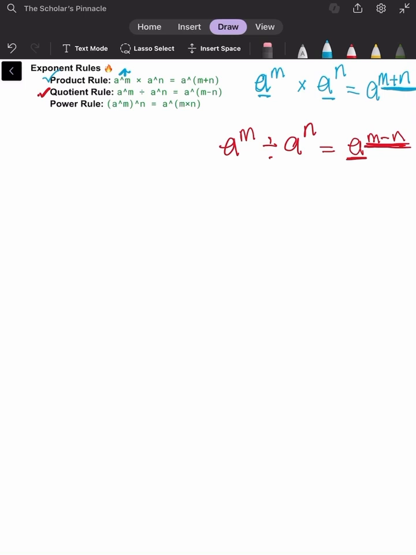And then you have the power rule. Finally, we have a raised to the power of m, in parentheses, remember, you group the expressions this way, all raised to the power of n. All of this can also be written as a raised to the power of m multiplied by n.